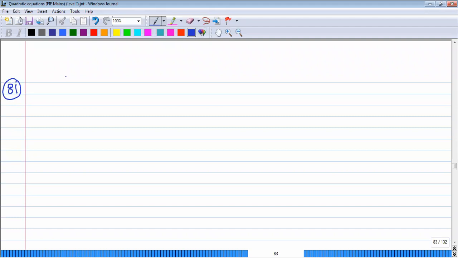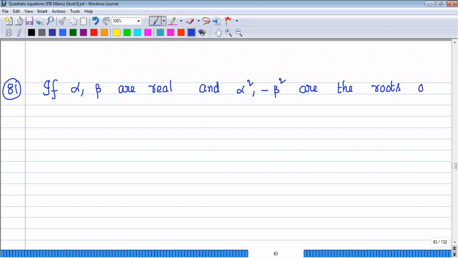Question number 81. If alpha comma beta are real, and alpha square comma minus beta square are the roots of the equation a square x square plus x plus 1 minus a square equals to 0.